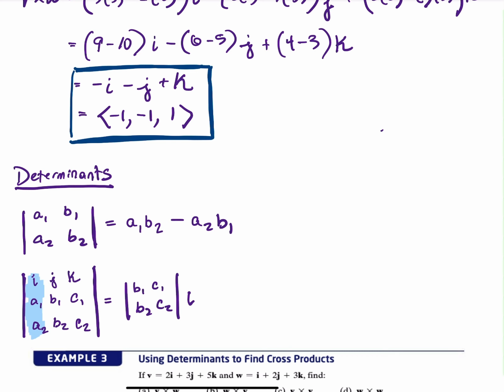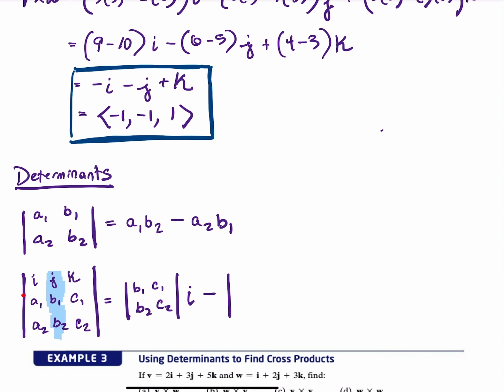Then we'll go down the columns and do the same thing. So what I mean by that is now I will think about covering up this second column and see what remains. I have these four terms, the A1, C1, A2, C2. So our second term will have a minus, because we see that in our formula from earlier.